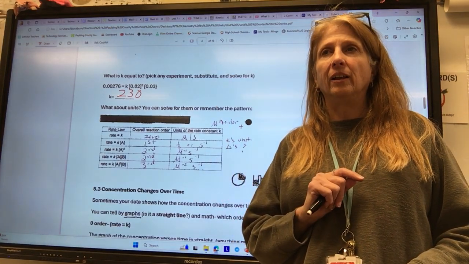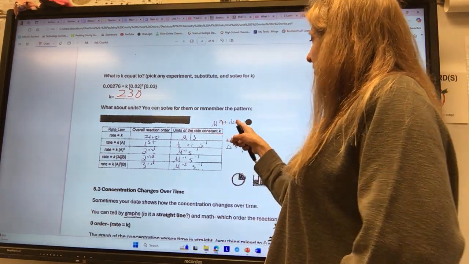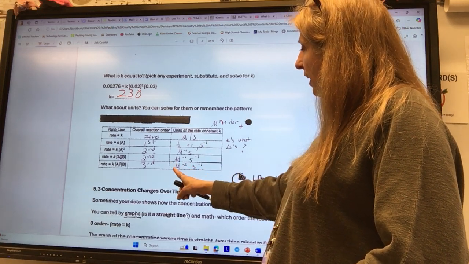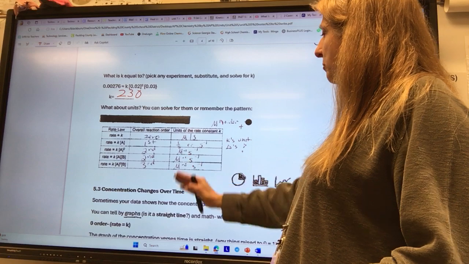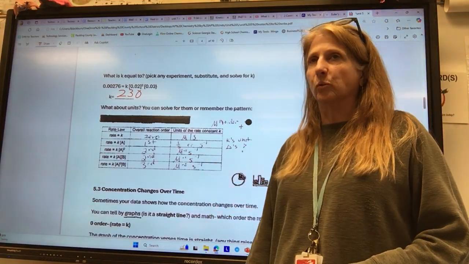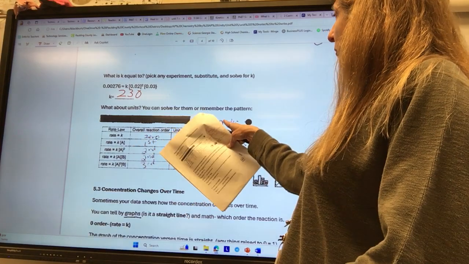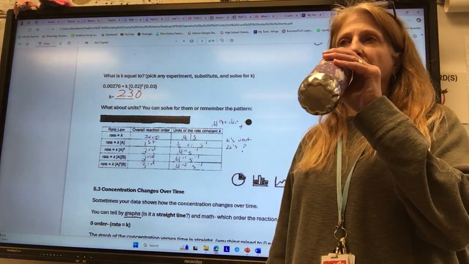Everybody follow that? Okay. And then for the third, it's 1 minus 3 is negative 2, so it's M to the second power, s in the denominator, or M to the negative 2, s to the negative 1. So now you don't have to memorize it. Just remember it's 1 minus the order. And now you can get that question right on the test.